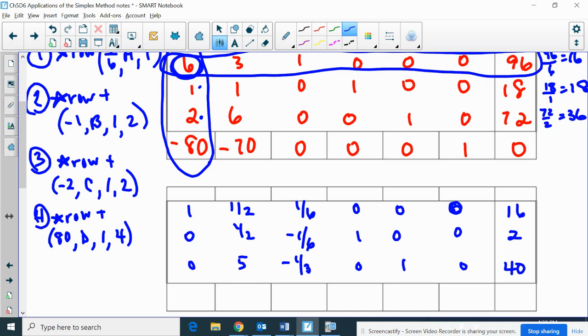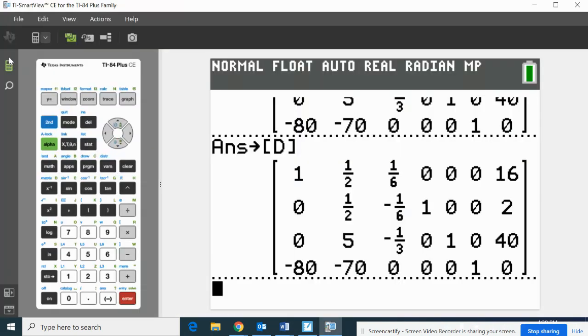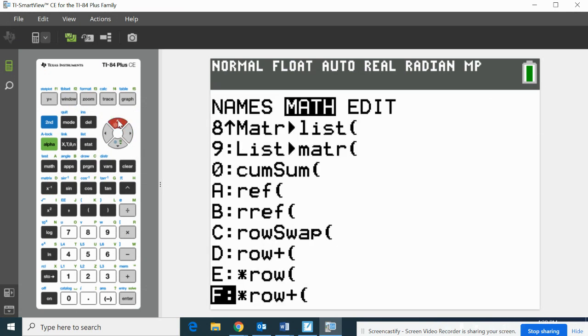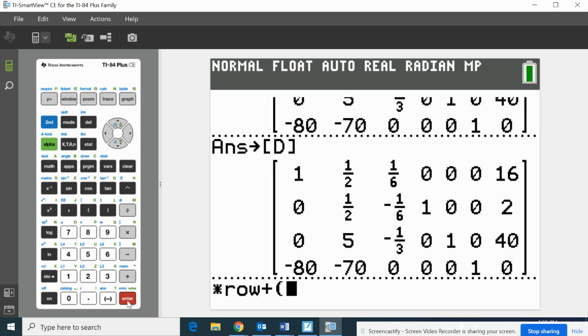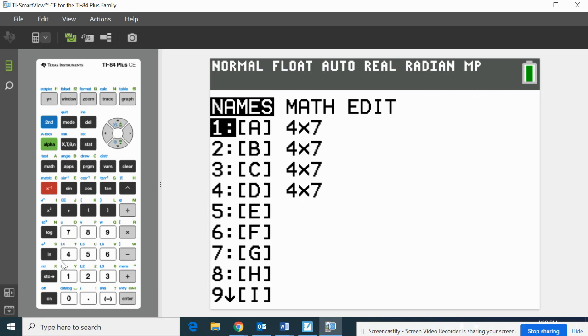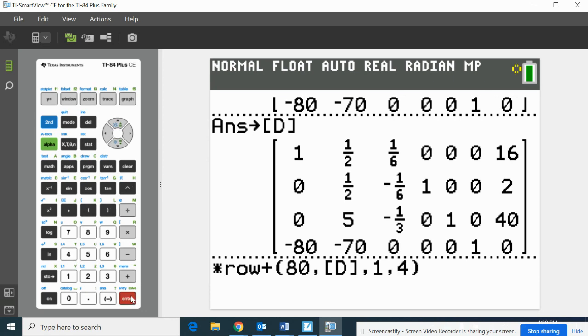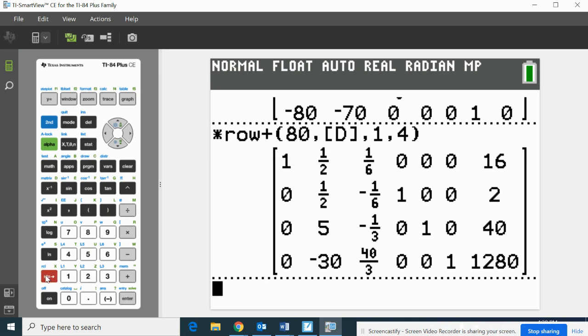So now back to my graphing calculator. Second matrix, arrow to math, arrow up, star row plus, +80, comma, matrix D, so second matrix, number 4, comma, my pivot row 1, comma, and I add it to row 4. Close it up, and enter, and store this guy to matrix E, number 5.